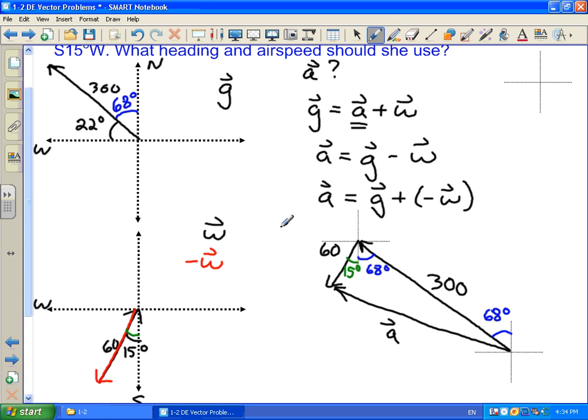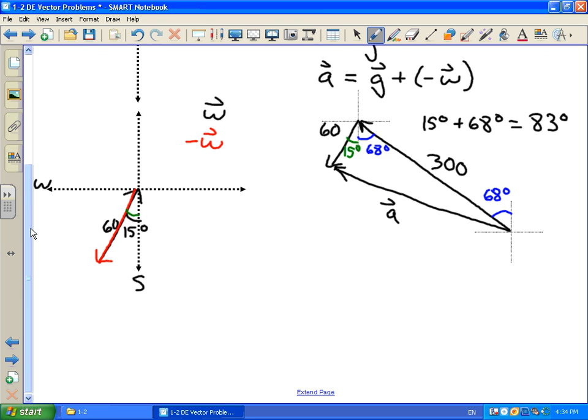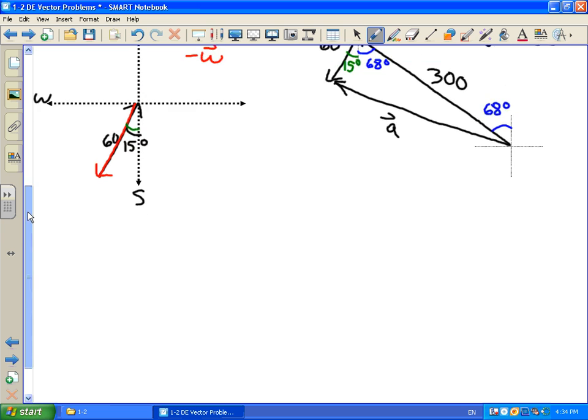The sum of that is just 15 degrees plus 68 degrees, or 83 degrees. So once we have the enclosed angle, we can use the cosine law to find the magnitude of that vector A.